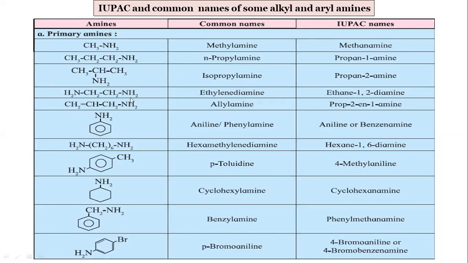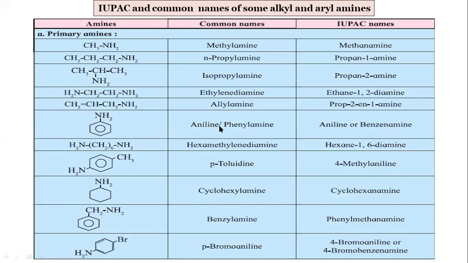Diamine means two NH2 groups are there. One NH2 group is here and one NH2 group is there. When the two amines are there, it is a diamine, ethylenediamine. Then this is allylamine, in which the double bond is there. The aniline, I just explained. This is the aromatic amine, aniline.